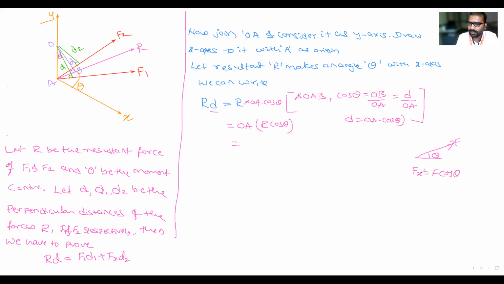In place of F cos theta, I write Fx. Similarly, in place of R cos theta, I can write Rx, the component of the force R along the x-axis. So this is R into D. This is equation number 1. Are all of you clear on this one? I will repeat.